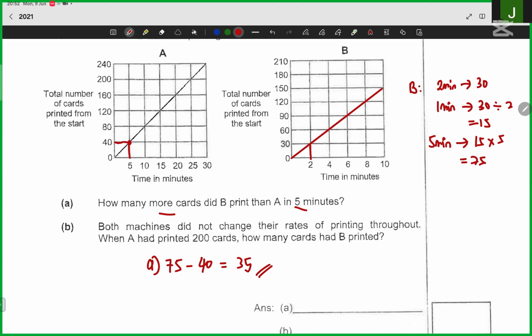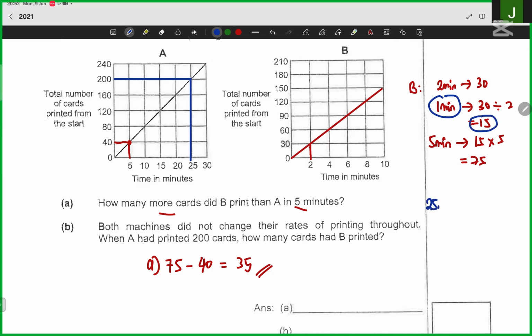Now, both machines did not change throughout. When A has printed 200 cards, how many cards has B printed? So easy. 200 cards is 25 minutes. So in 25 minutes, B would have printed, remember 1 minute is 15, right?